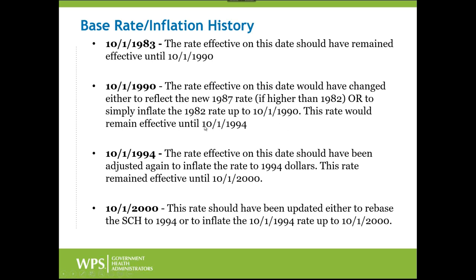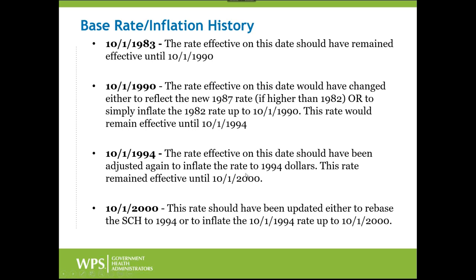And that rate would have been frozen until 10/1/1994. And again, when I say frozen, I just mean in the system, but then the subsequent update factors are applied behind the scenes in the system. The rate itself wouldn't be changed in the system. The update factors would have been applied separately.